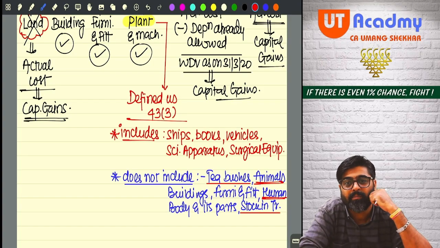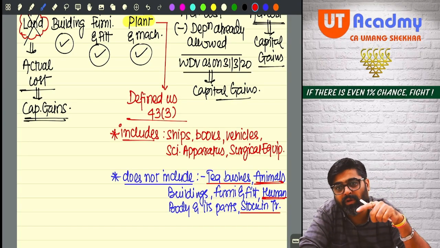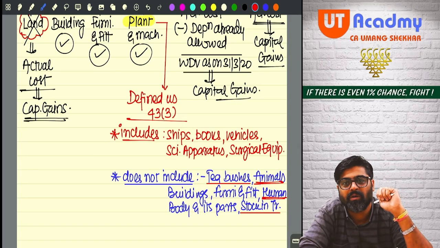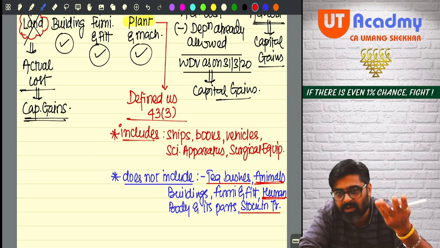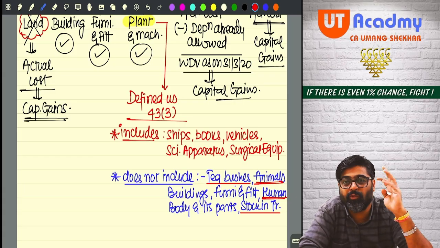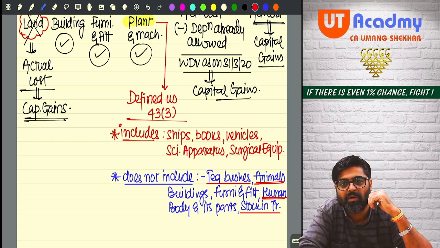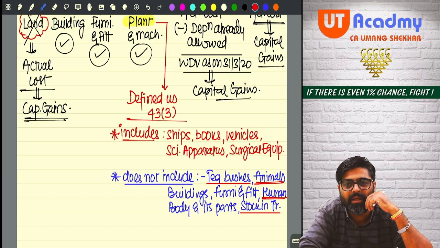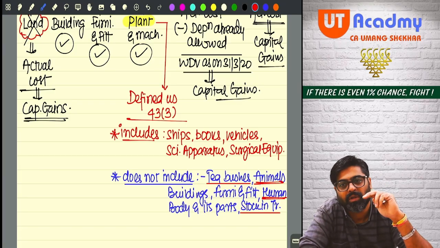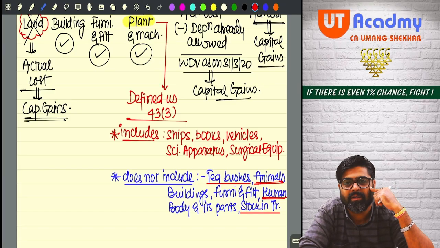Getting my point? But wait, if you see ships, they are plant and machinery. If you see books, they are plant and machinery. If you see vehicles, they are also plant and machinery. And if you see scientific apparatus, they are also plant and machinery.